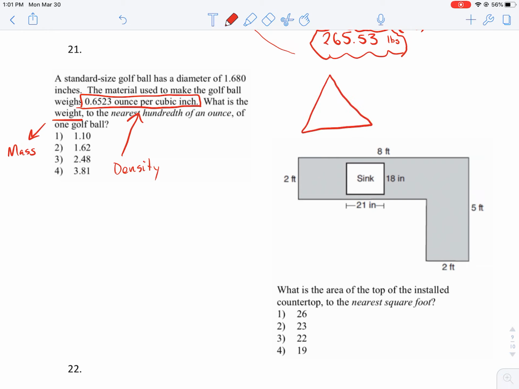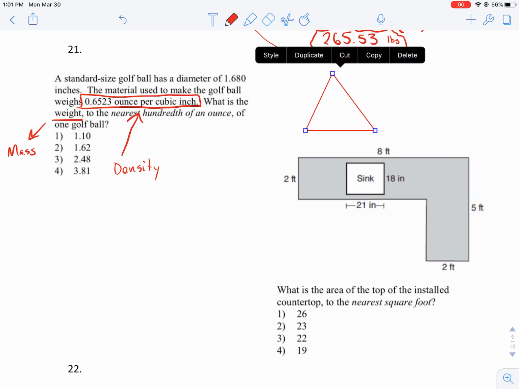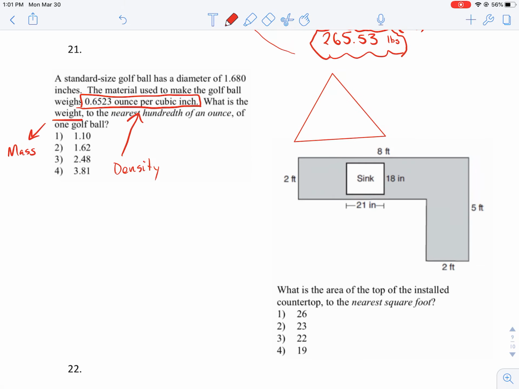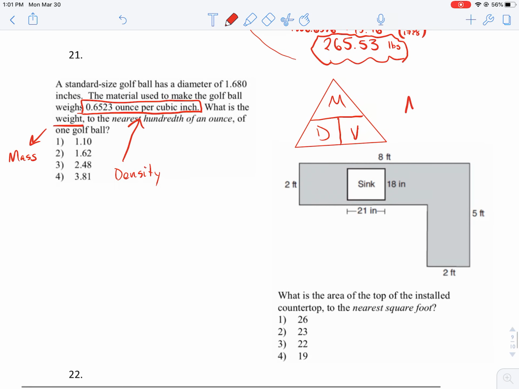All right, so let's draw our triangle. M, d, V. In order to find the mass, it's equal to density times volume.